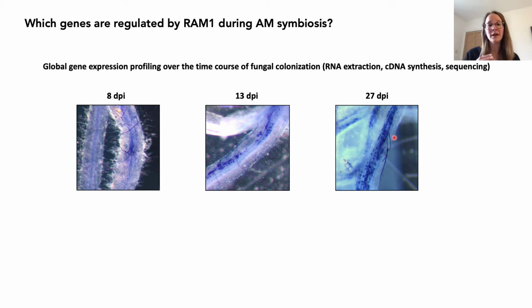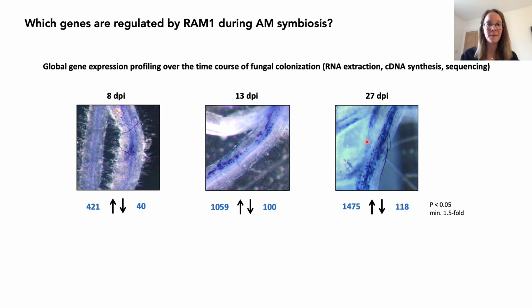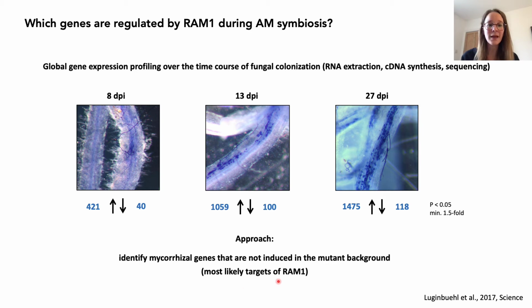In wild type plants, I compare the gene expression of colonized roots with non-colonized roots, and see at each time point which genes are either upregulated or downregulated. I get a number of genes that are mostly upregulated in a wild type, and I then do the same experiment with the RAM1 mutant. I particularly look for genes that are not induced at these time points in the mutant background, because these are the most likely targets of RAM1.